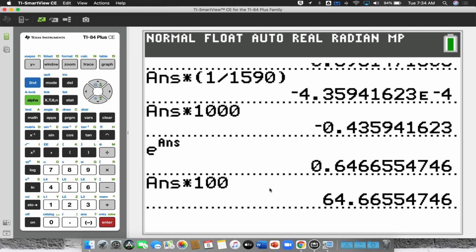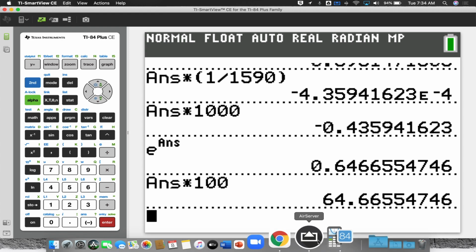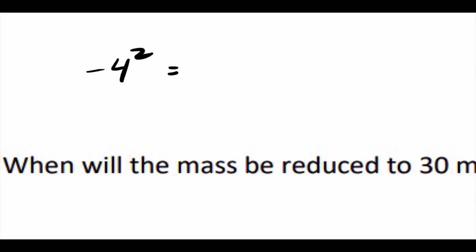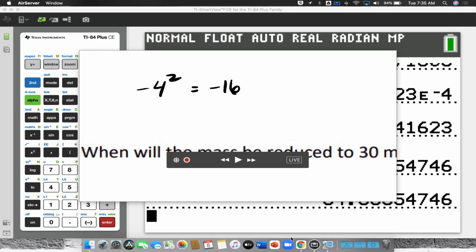One of the problems was she had to do this here. So she put it in her calculator, and the calculator gave her that. She got it wrong because it is wrong. Actually, it's correct. If you put that in your calculator, that's the answer you will get.